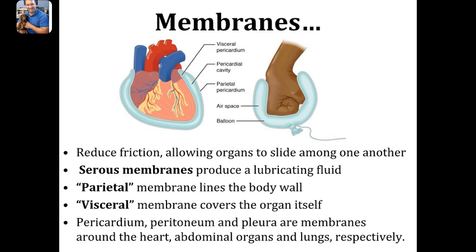Whenever organs are moving around, whenever we have a meal and our intestines are starting to have a little peristalsis and they're churning food within them, there's got to be a membrane, and these membranes provide cushion and some lubrication around that anatomical structure. The beating heart is a great example of that. It reduces friction and allows the organs to slide around one another.